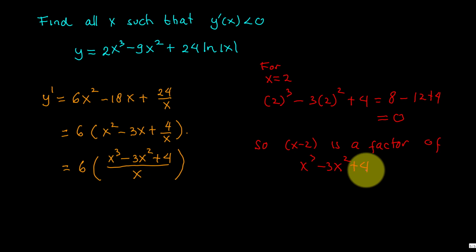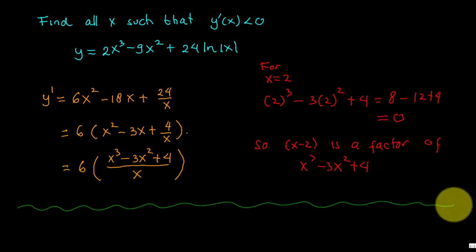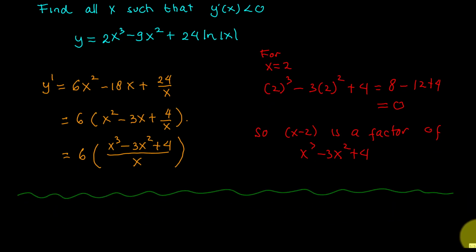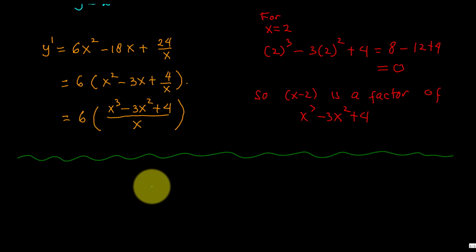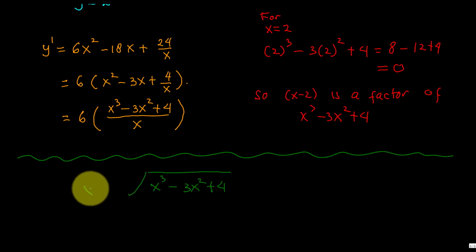Because of that, we can divide x cubed minus 3x squared plus 4 by x minus 2 using long division of polynomials. You can use synthetic division or the usual polynomial division. We're going to do the normal one. We divide this by x minus 2.